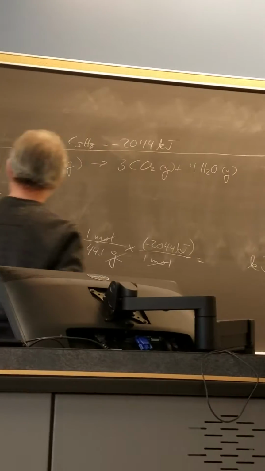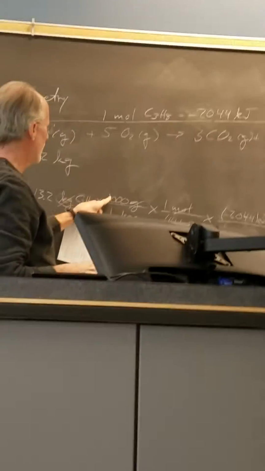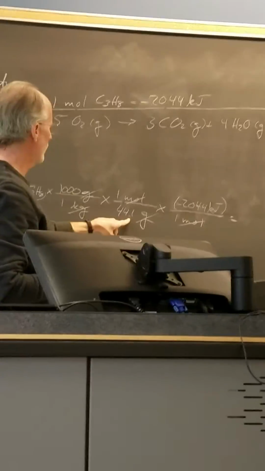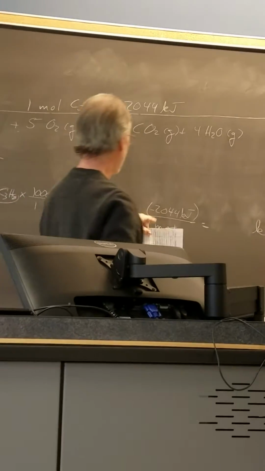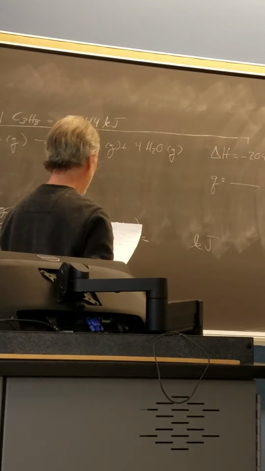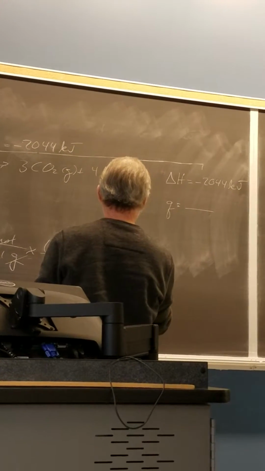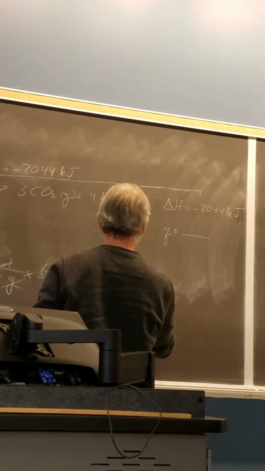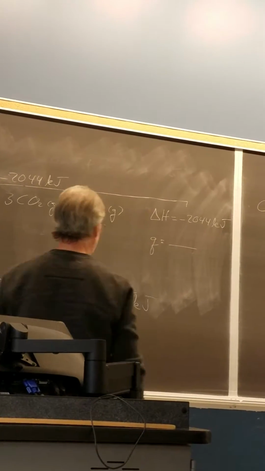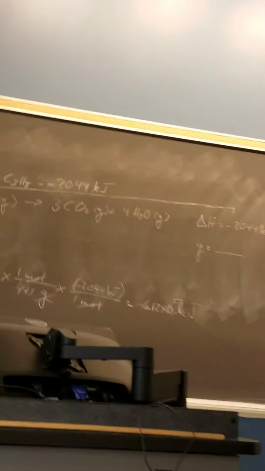And then 13.2 times 1,000 divided by 44.1, and then times negative 2044 is negative 6.12 times 10 to the 5th. So that's a very big number.